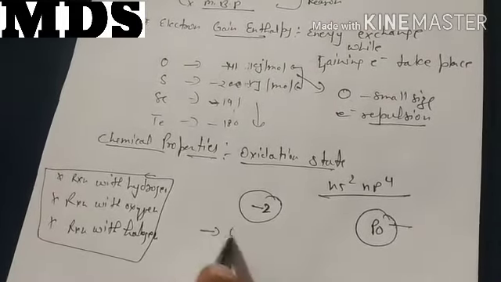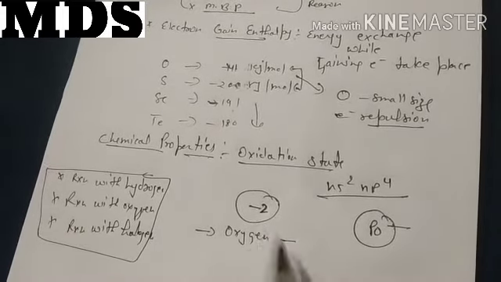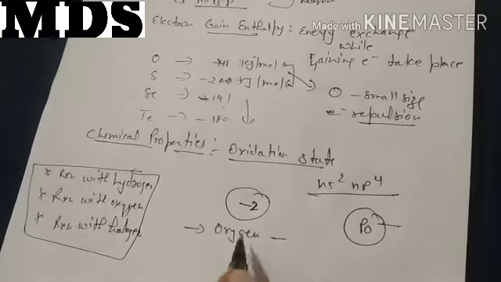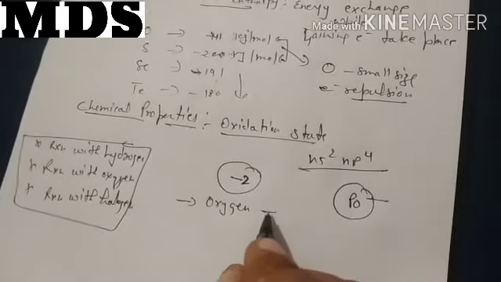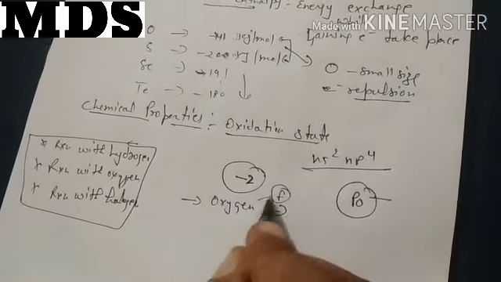If you talk about only oxygen, oxygen never shows a positive oxidation state. The only case is with fluorine, because oxygen is highly electronegative, but fluorine is more electronegative than oxygen.